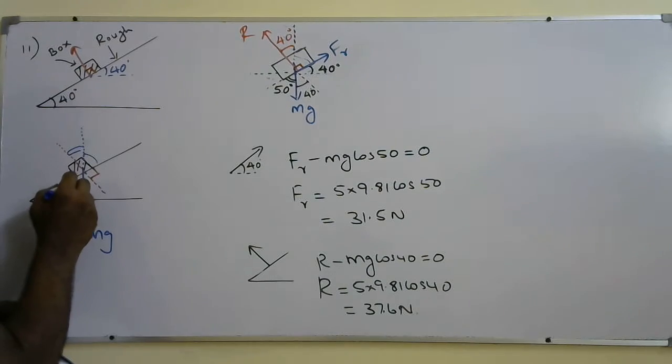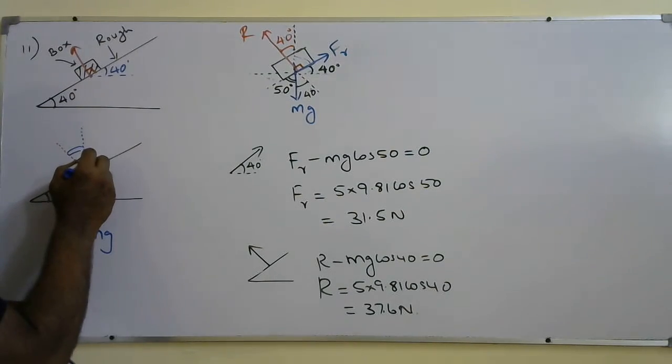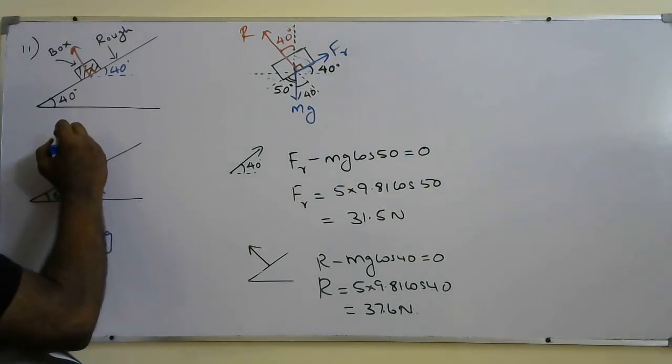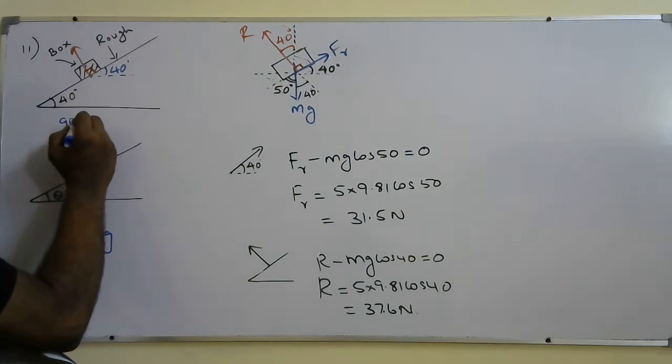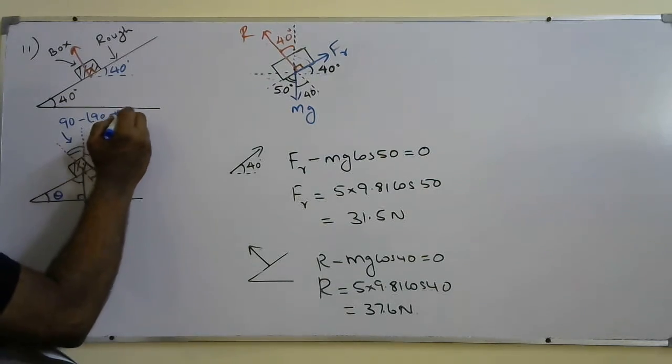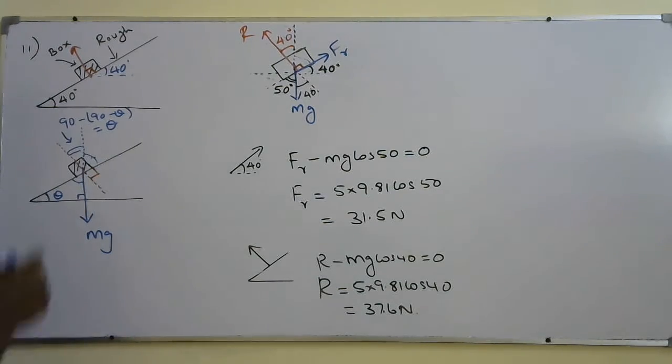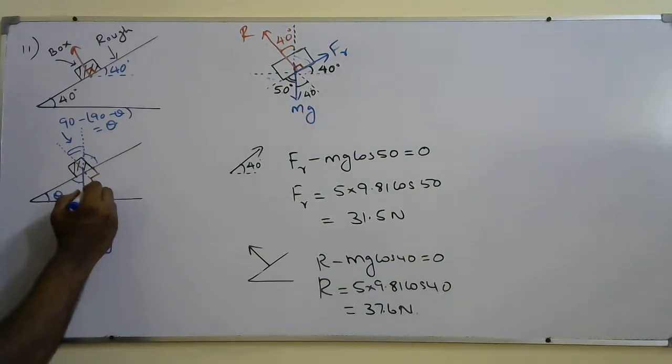This is 90 minus 90 minus theta. It will be theta. So this angle will be theta.